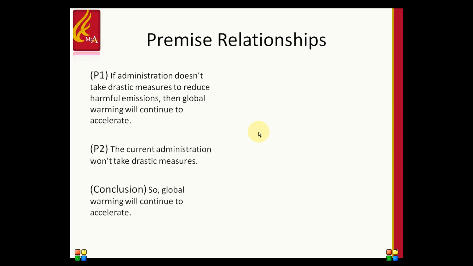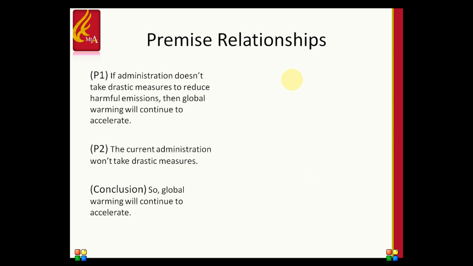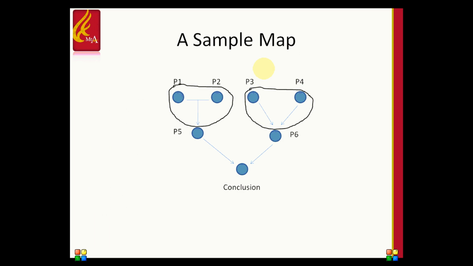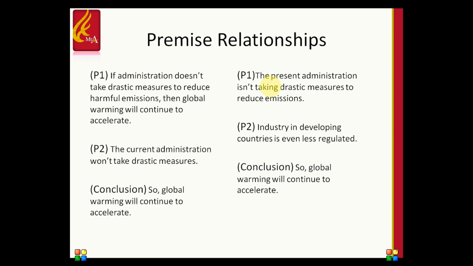On the other hand, this represents P3 and P4, we have two premises which are working independently. There's not necessarily a relationship between them. So the present administration isn't taking drastic measures to reduce emissions. The industry in developing countries is even less regulated.